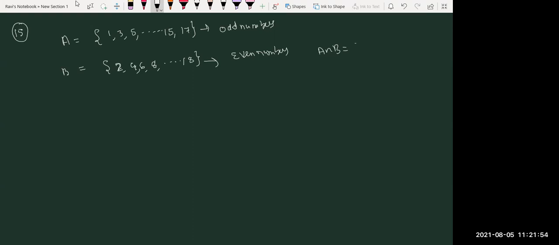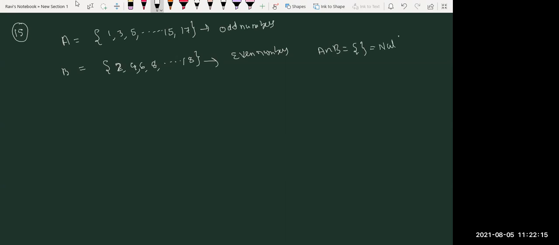Null set, sir. A intersection B is null set. Correct or not? Who said this? Chandan, sir, and Rohan also said. So A intersection B will be null set clearly.